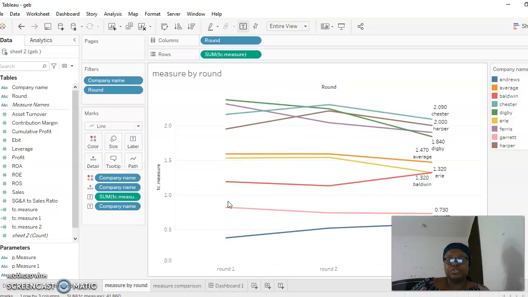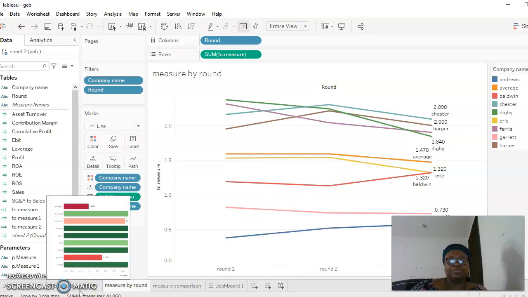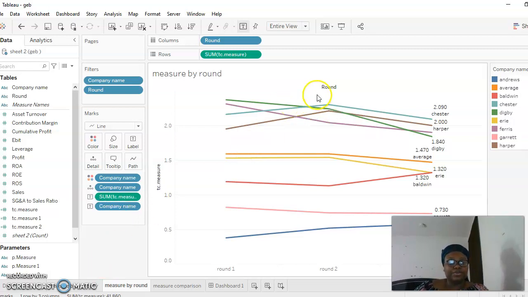The second one was to make a chart to show the 3 least performing companies. I did it this way so we can see how the 3 companies perform compared to the other companies.